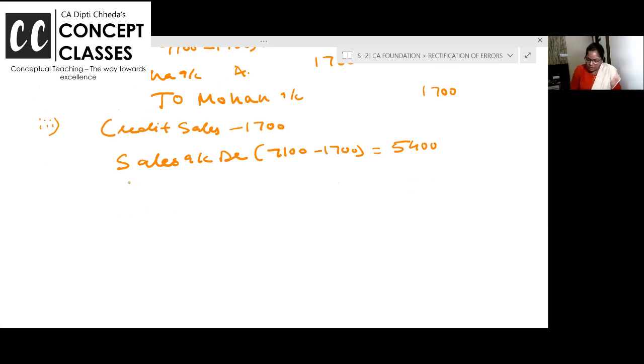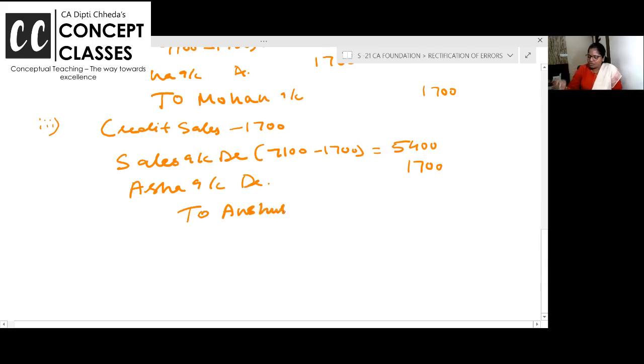You've actually sold the goods to Asha. Asha account debit 1700. So Asha's account debit 1700, party to sales. And sales wrongly credited extra amount, so debited. And you have recorded it as sold to Anshul, so by mistake you have debited Anshul's account 7,100.